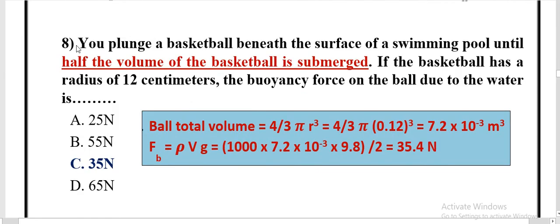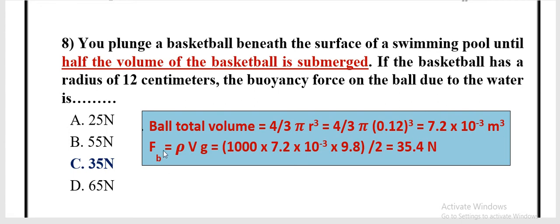Question number 8. You plunge a basketball beneath the surface of a swimming pool until half the volume of the basketball is submerged. If the basketball has a radius of 12 centimeters, the buoyancy of the ball will equal to. We calculate from these relations the total volume of the ball, which will equal this value.